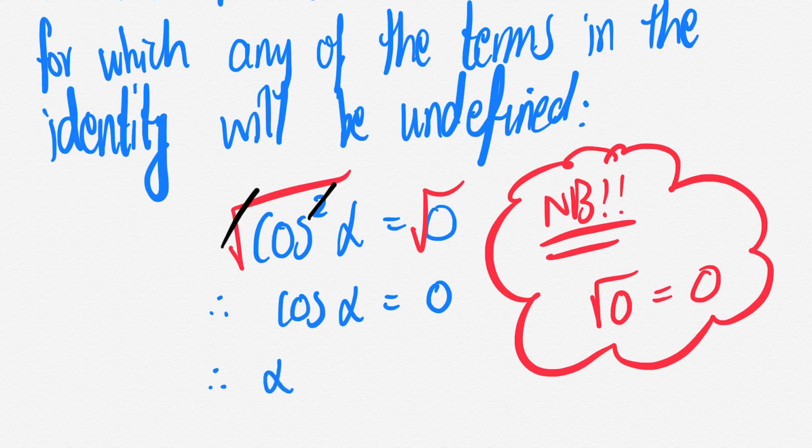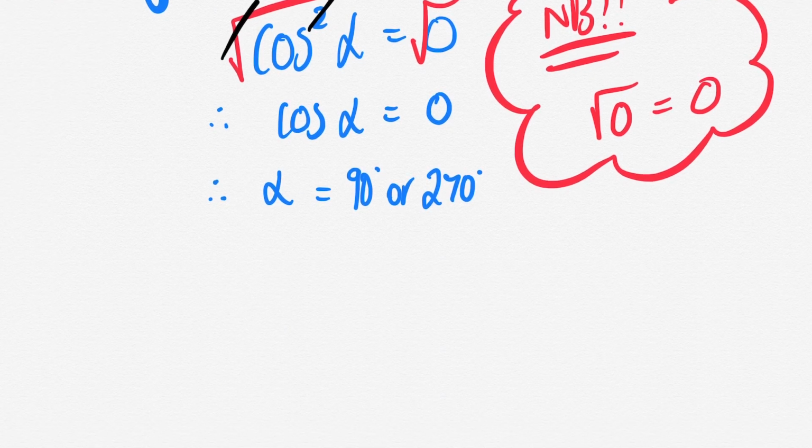That's a solid algebraic process. So now we say that alpha is equal to 90 degrees or 270, because if you understand how the cos graph works, at 90 and 270 the value will be 0. At 0 and 180 you'll have 1 and minus 1 respectively.